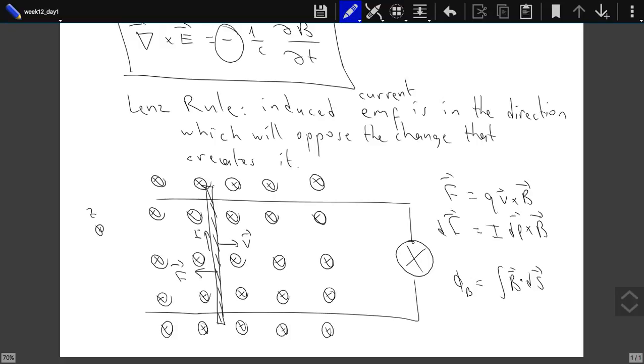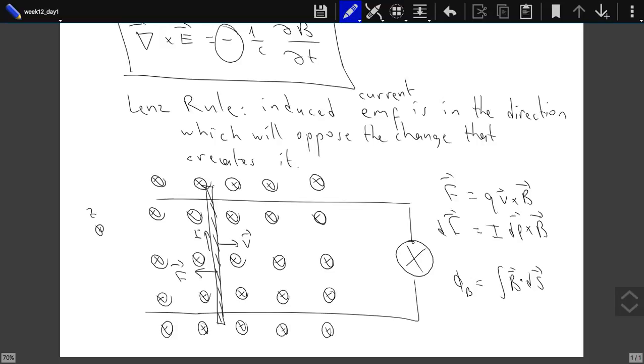What is the direction of dS? Well, it is up to you, as you wish. You can choose it into the screen. So B dot dS, is it positive or negative? It's positive, so the flux is positive at a given instant, and the flux is B times A.